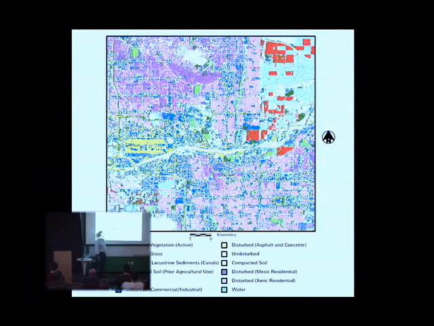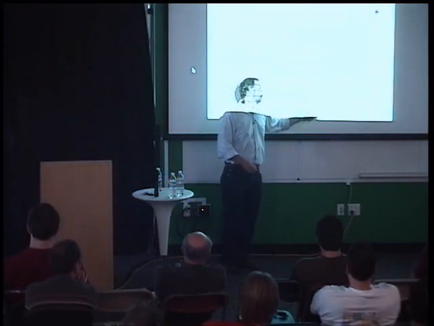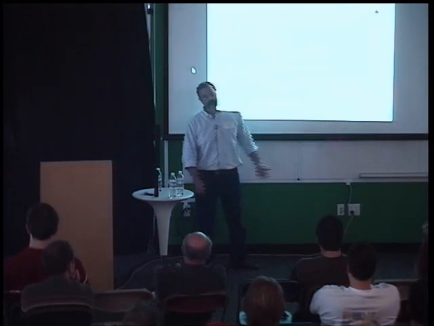So you can make this, again, it's an automated tool. You define what the rules are, what each of your classes consists of, what type of spectral signature it has. And so we're looking at cultivated grass, vegetation, commercial, compacted soils, water, asphalt, concrete.